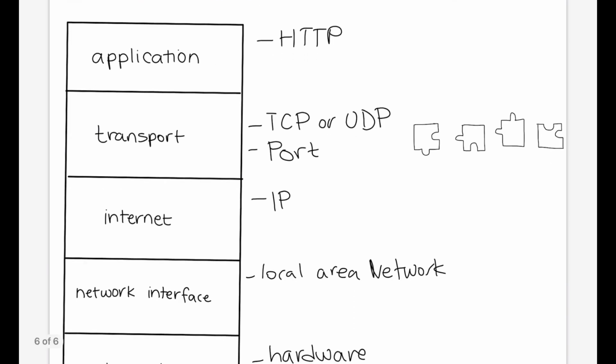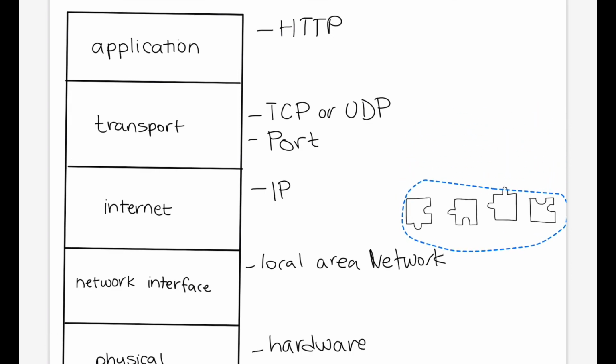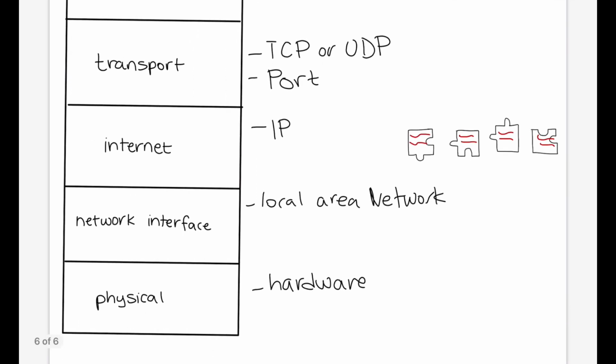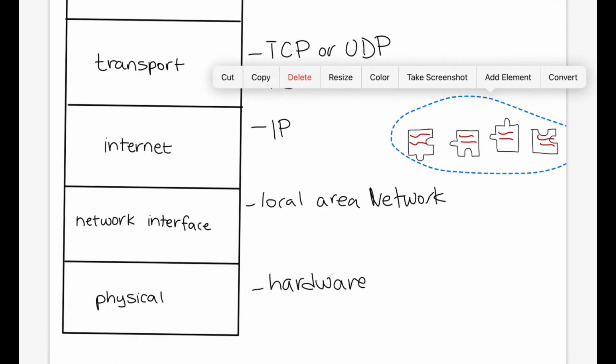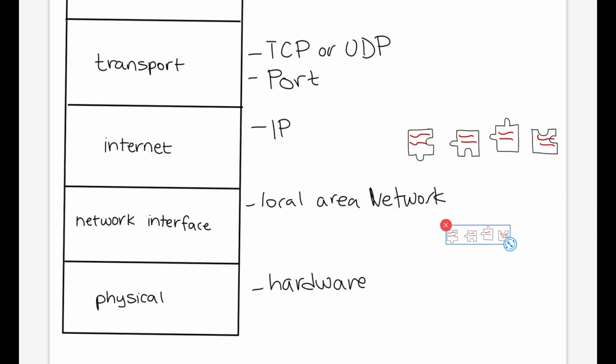And then the post office is going to take every single puzzle piece, and they're going to stamp it with your address and then your friend's address. That way we know how to deliver it. And then the last bit of this has all to do with transportation.